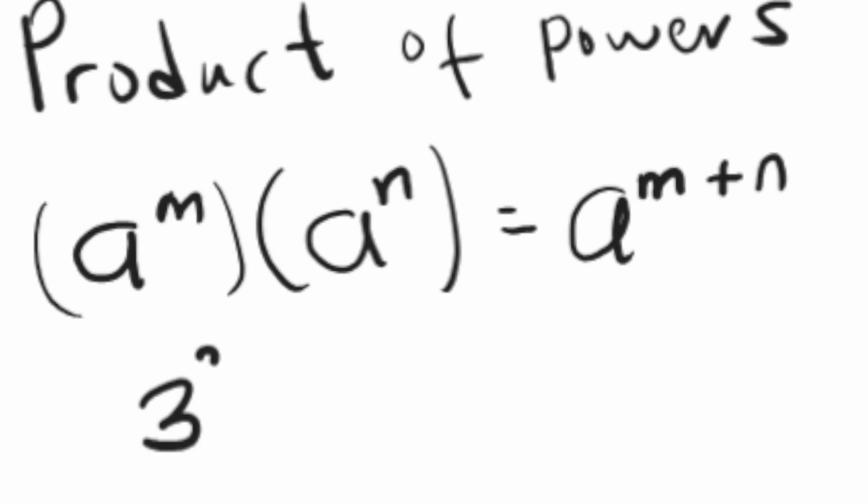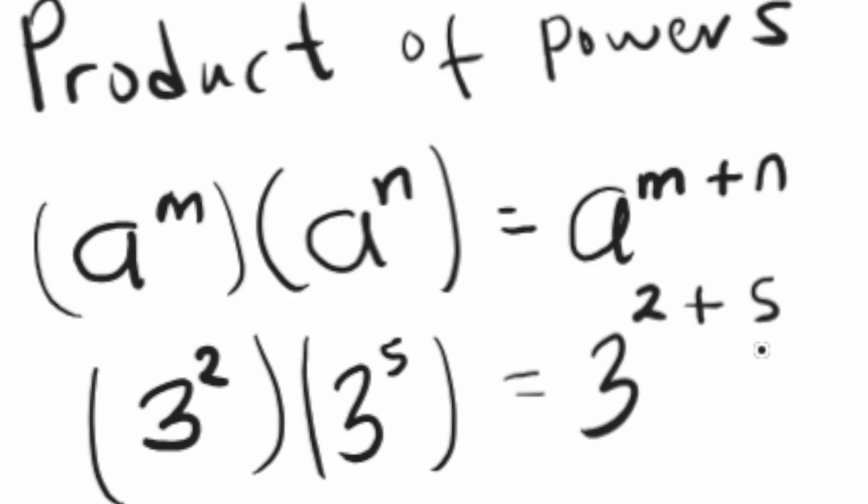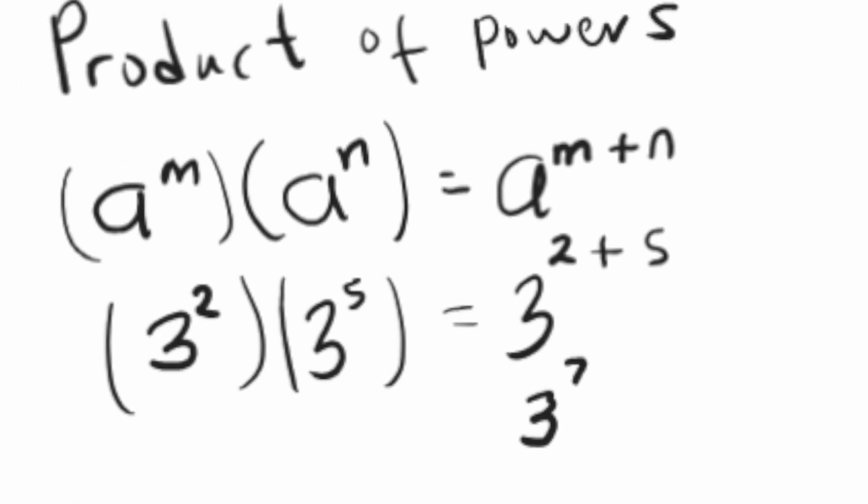So if I have, let's do an example, 3 exponent 2 times 3 exponent 5. This should give me 3 exponent 2 plus 5, which is 3 exponent 7.